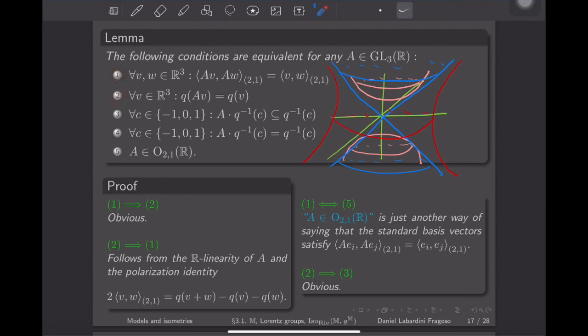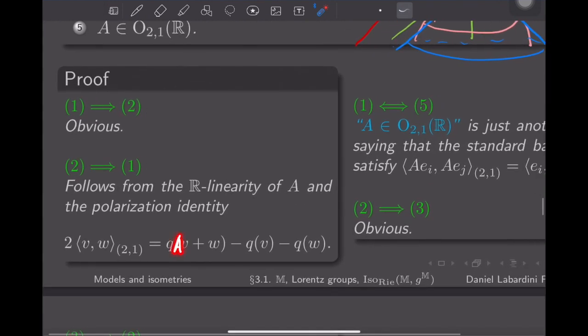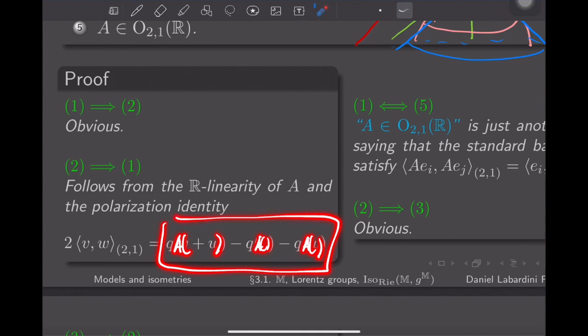So you see, this polarization identity for the quadratic form tells me that I can compute this pairing completely in terms of the values of Q. So if I know this, I'm free to write or not write A inside the parentheses of the Q, without changing the value.